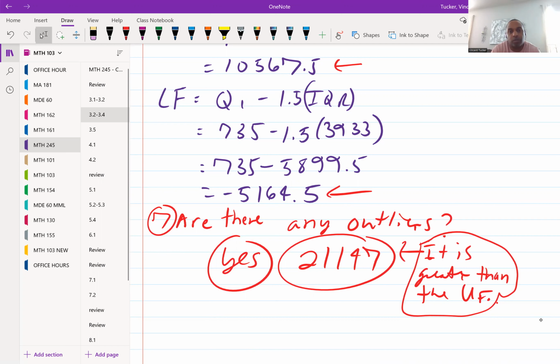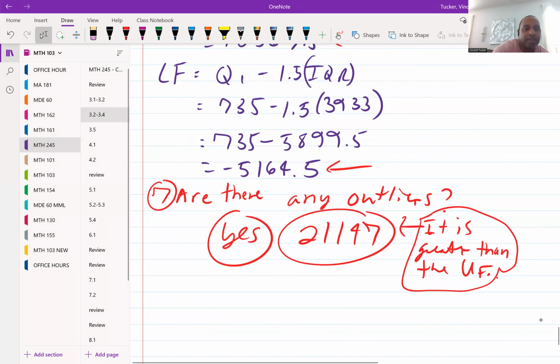Any questions? I'm going to do this process again one more time. But any questions on what we've done up to this point? All right, so we can go to the next page.